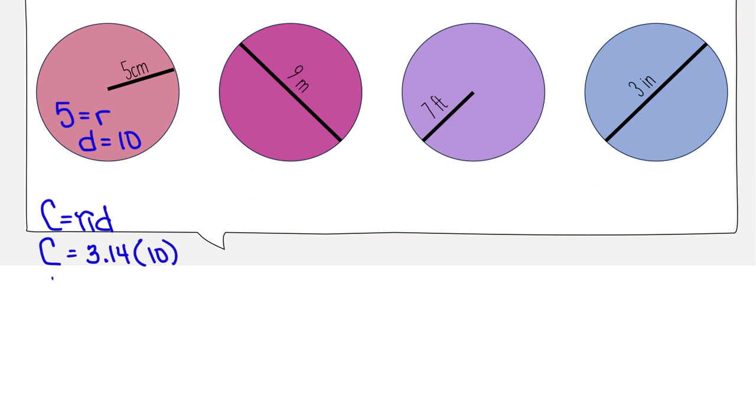Good. And you multiply 3.14 times 10, Clara. I'm not really sure how you got a negative when you're taking 2 positives and multiplying. Lucy? It is 31.4 centimeters.